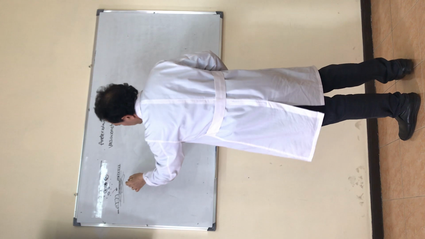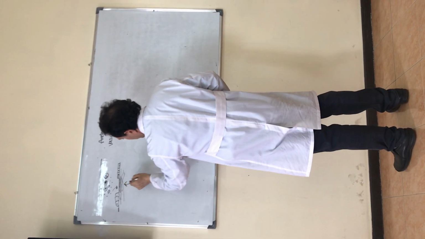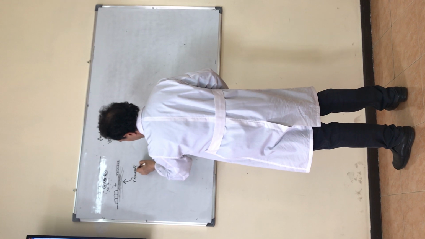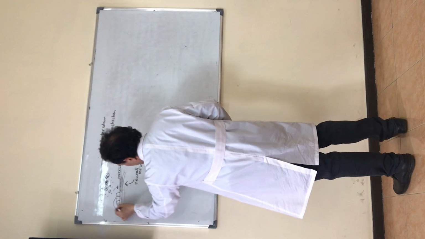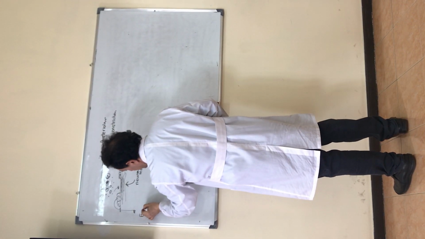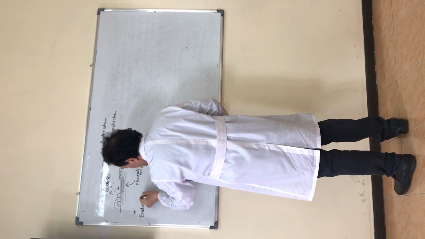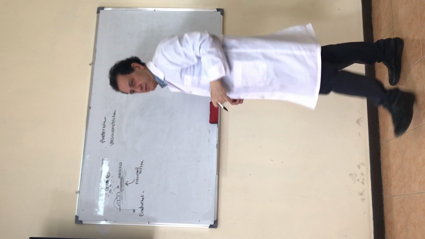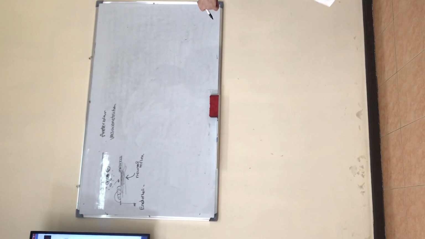But first of all, when there is an injury, due to neural reflex and also endothelin produced by endothelial cells, these arterioles become narrower, they constrict.